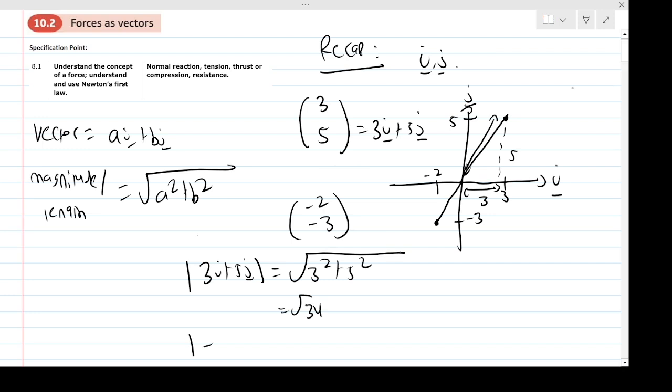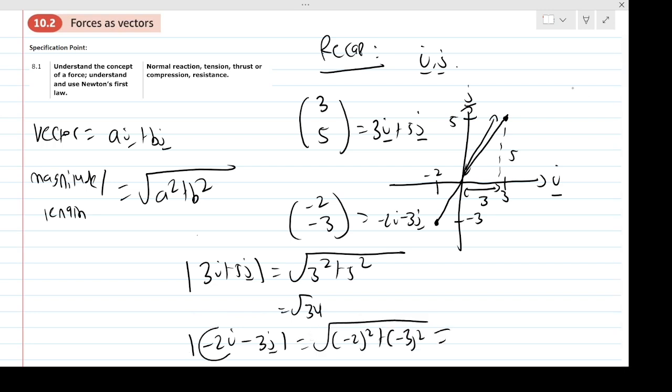Anyway, if we were to calculate the length of this vector, minus 2i minus 3j, then the length of that vector is going to be the root of (minus 2) all squared add (minus 3) all squared. Okay, because with the two components, I square each of them. And so if I do that, I get root 13.